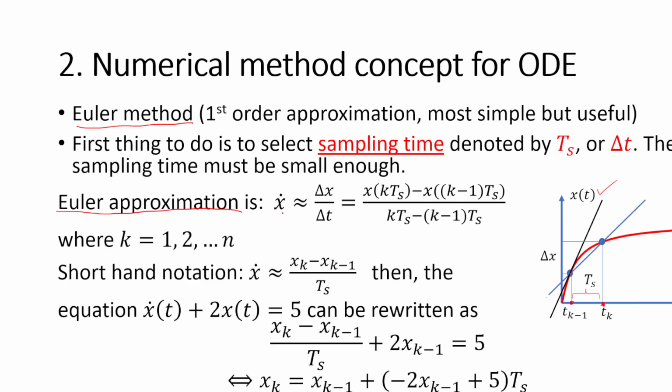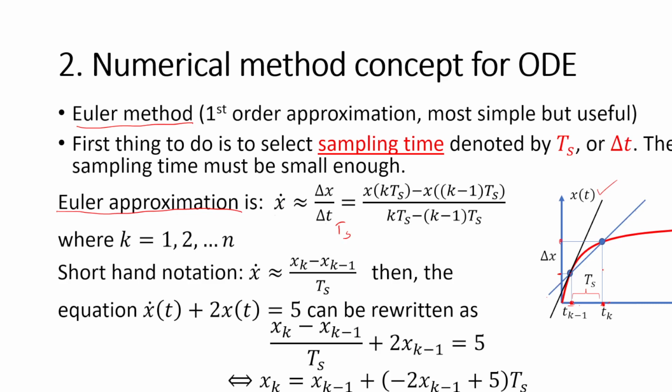So the slope represented by the derivative h dot is the slope of this line, delta h over delta t, where this part is delta t, the same as Ts.